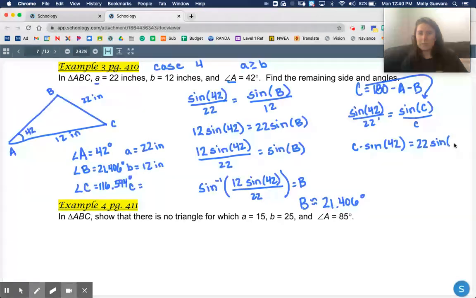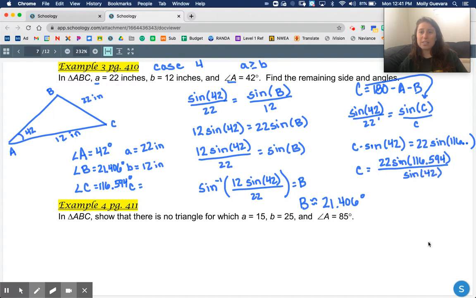Sine, remember C was like 116-ish. Divide by sine of 42. So I have 22 sine of 116.594 divided by sine of 42.